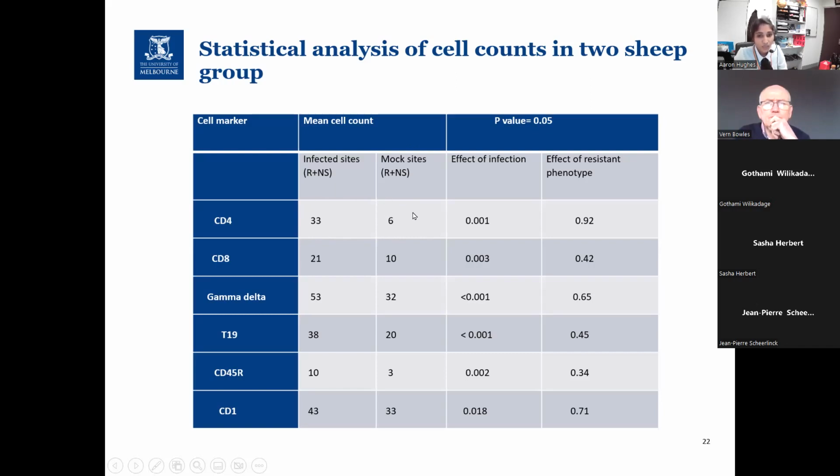And what makes this difference: is it because of the larval feeding or because of the Flystrike resistant phenotype? When we analyze the data, the effect of infection, or the effect of larval feeding, is around 0.001. So it's less than 0.05, which means it's statistically significant.